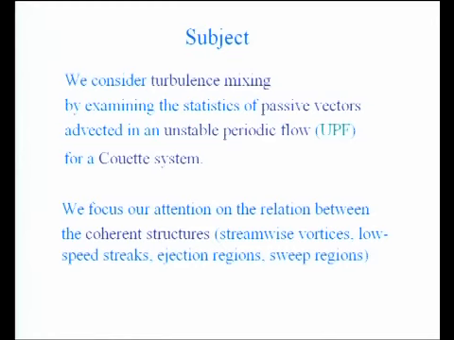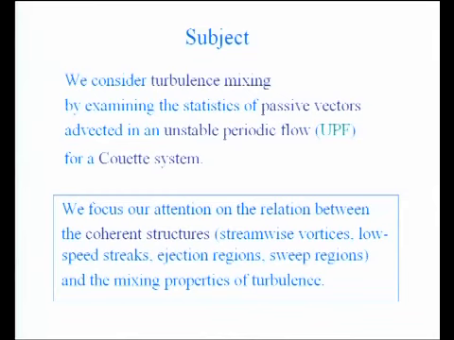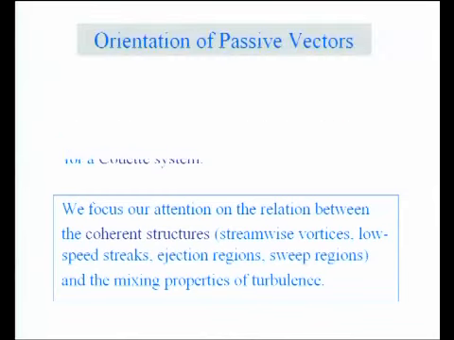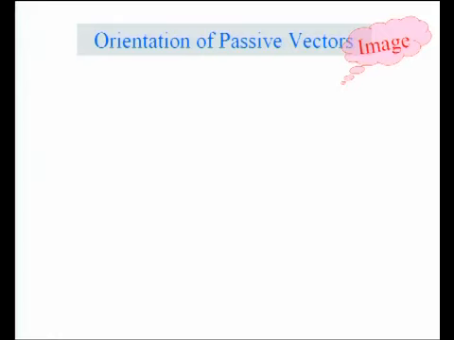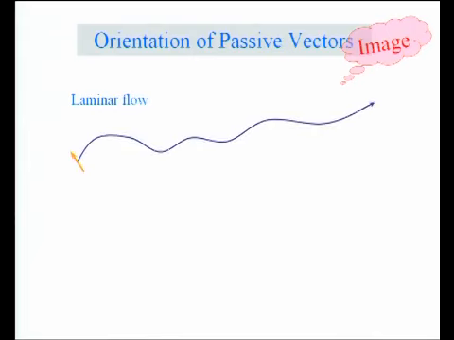In particular, we focus our attention on the relation between the coherent structures, like streamwise vortices and low speed streaks, ejection regions and sweep regions, and the mixing property. This is the subject. And first, I just mention the orientation of passive vectors.